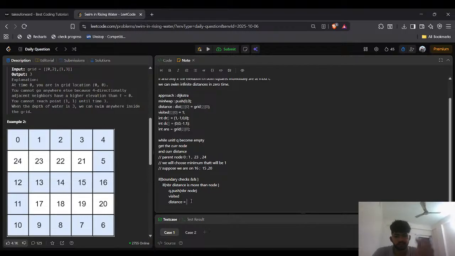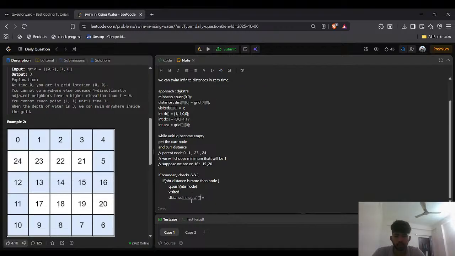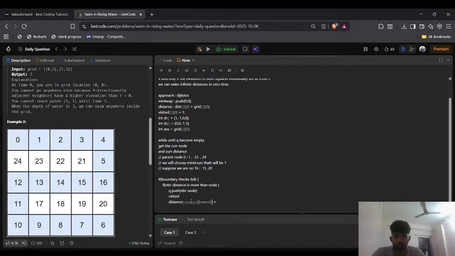We can perform distance of new row and new column. Distance of new row and new column will be the neighbor distance if it's more; otherwise we don't need to update that distance.